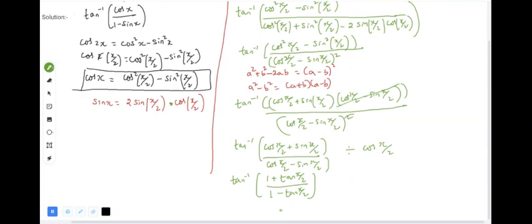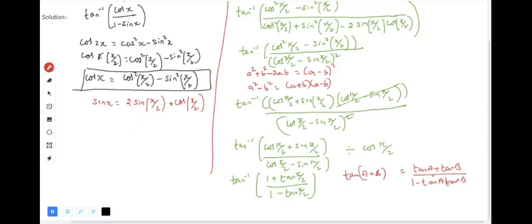This is nothing but the formula for tan a plus b.